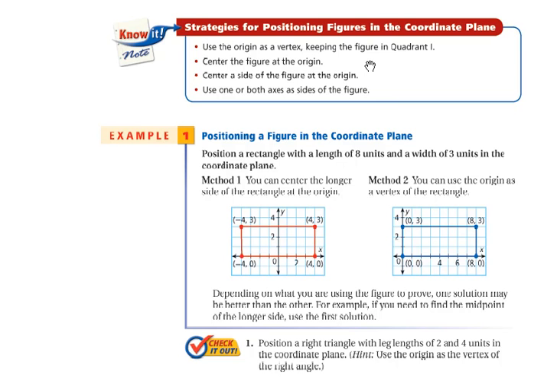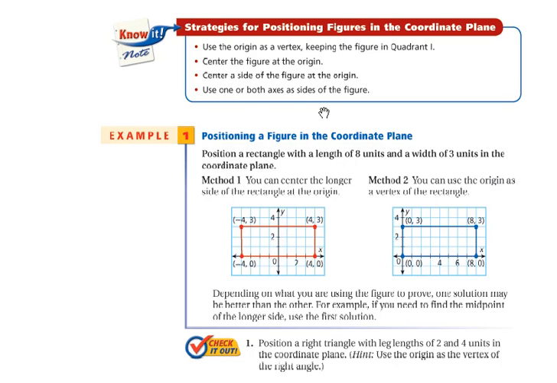Another strategy is to center the figure at the origin, and an example of that isn't detailed here, but if you talk about a circle, for example, a circle you want to have centered at the origin. Center a side of the figure at the origin, and that would be like this example here where we line up the rectangle and we have it centered at the origin.